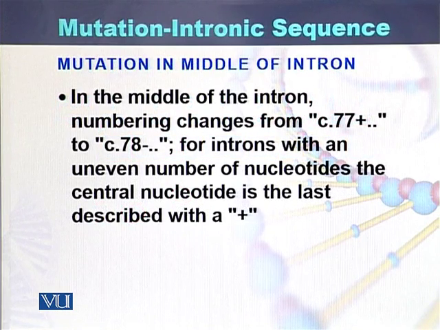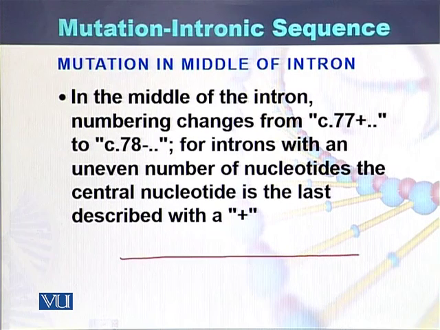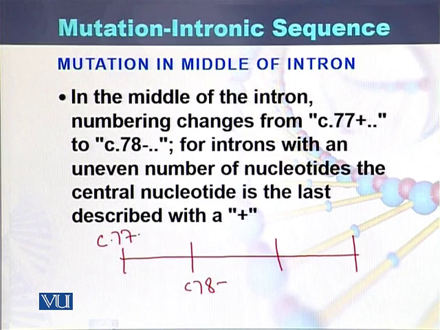If a mutation is present in the middle of an intron, it is usually mentioned from both sides of the intron. Take the example that this is a gene with exon, intron and exon. It can be mentioned as c.78 with a minus, while from the other side it can be mentioned as c.77 with a plus.